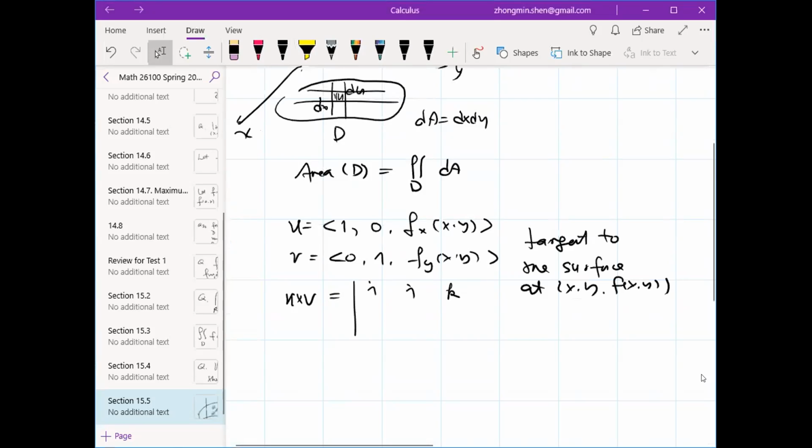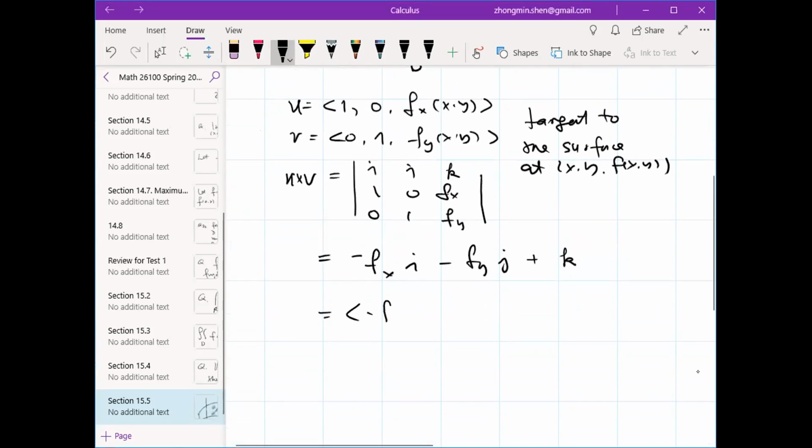These are tangent vectors to the surface, and the cross product is calculated by this formula. After expanding it, you will get negative fx i, negative fy j, plus k. So in other words, the cross product will be something like that. This is a vector, it's a normal vector.